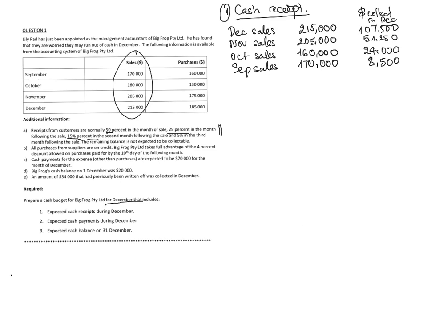We read from A to E, and we find that in E, an amount of 34,000 that had been previously written off is now collected in December. So we have written off, now collected, 34,000.